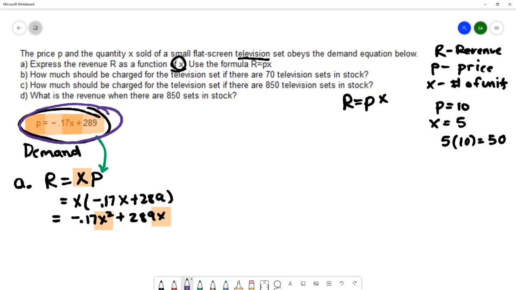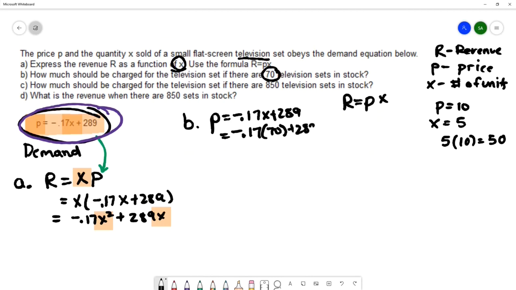The price is negative 0.17x plus 289. If we have 70 television sets, I'll do negative 0.17 times 70 plus 289.